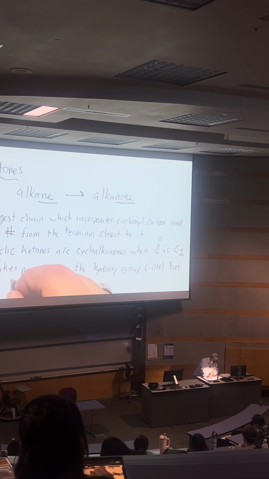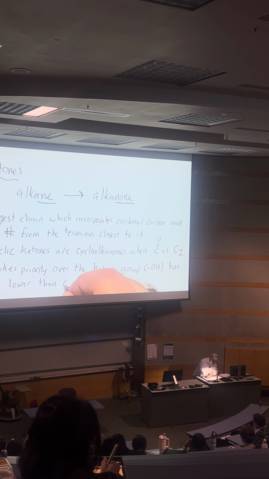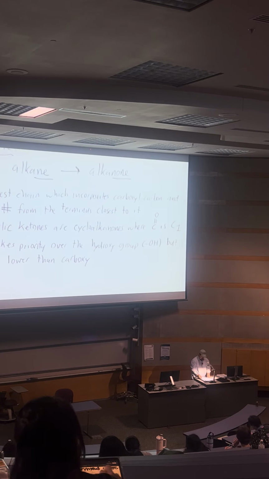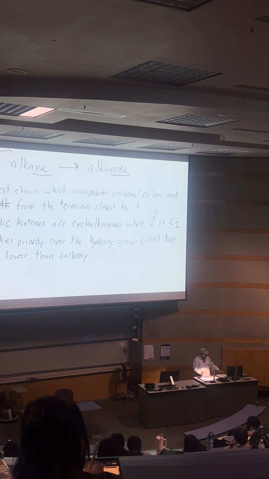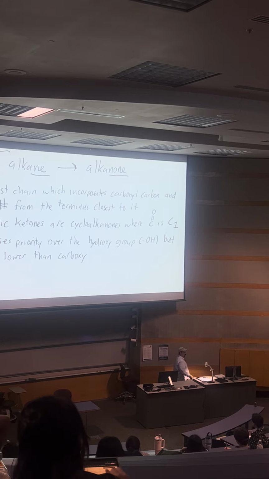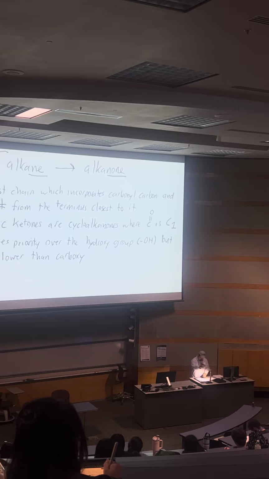But you can say that it is lower than carboxy. So again, that's me making reference to the fact that in the chapter of alcohols, I pointed out that's the only time I'm going to give you the priority list. All right, so if you didn't get it then, it's in the textbook, you can find it. I would make sure that you remember that. Right? So let me give you some examples.